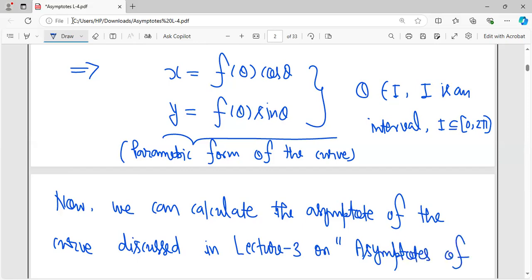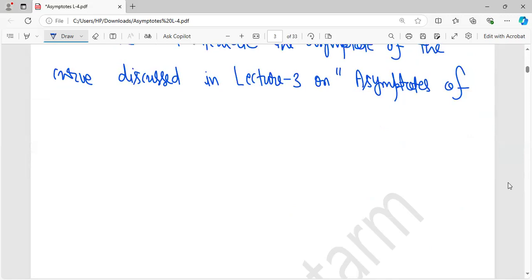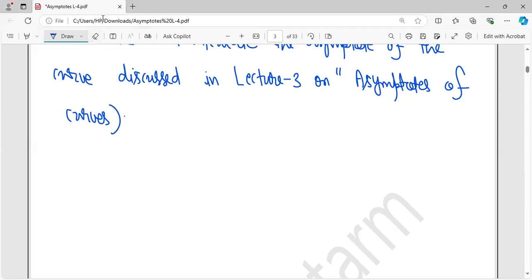In lecture 3, we discussed how to find asymptotes of a curve given in parametric form. Because our polar form is converted into parametric form, now we can calculate by that process.